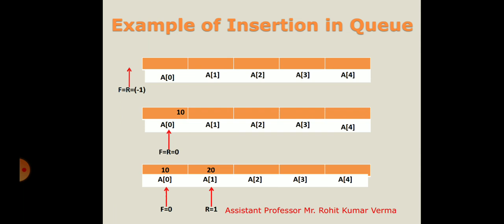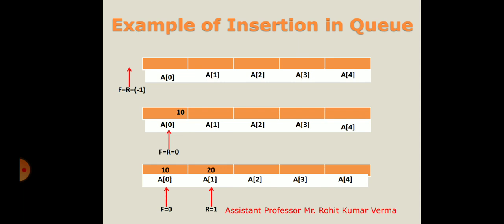So dear students, what you have to remember in case of the insert operation, always your rear pointer proceeds to the next location. And in case of the deletion operation, always our front pointer moves to the next location. So here you can see whenever we add 20, our rear pointer moves to A1.